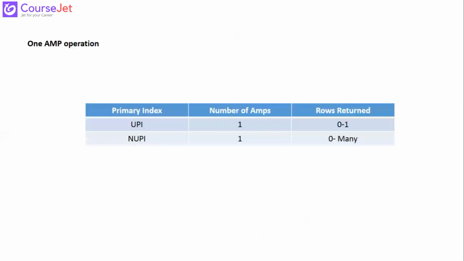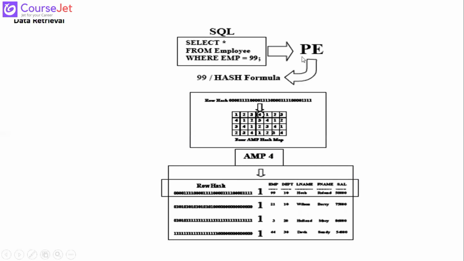The parsing engine generates the hash value. Everything is done in the PE; only the data retrieval and the writing of data to the disk are done by the AMPs.